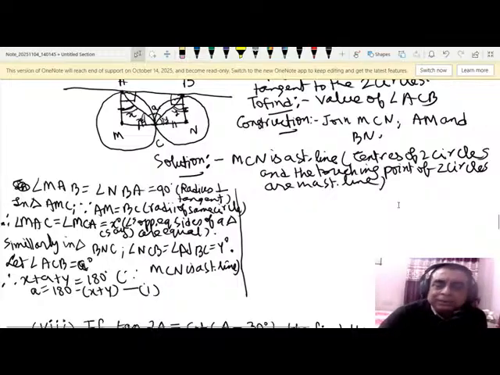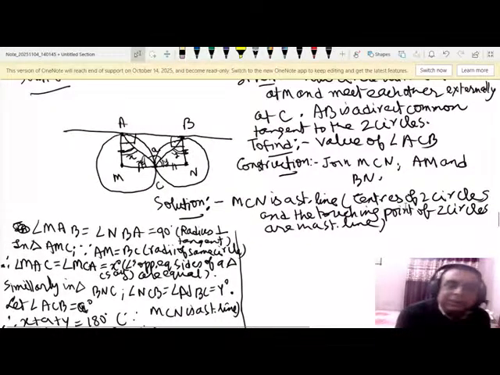Now please follow here. We have already shown angle MAB is 90 degrees. So what will be the angle CAB?